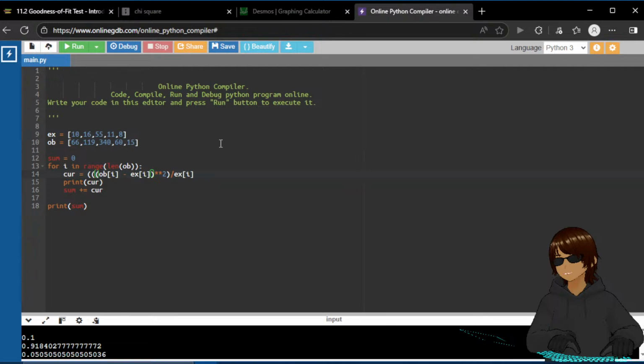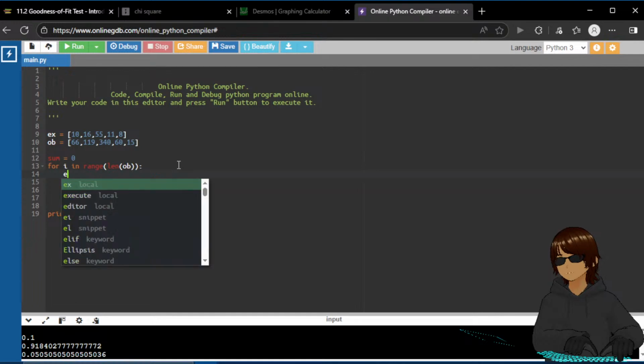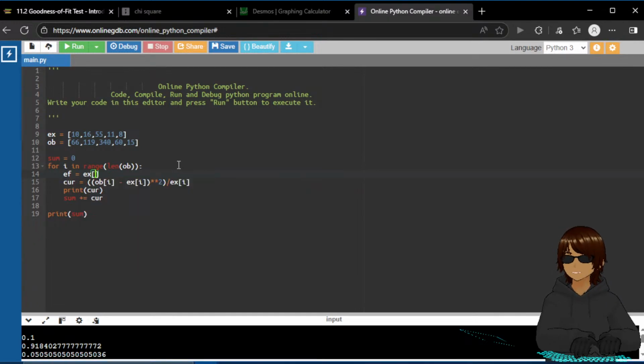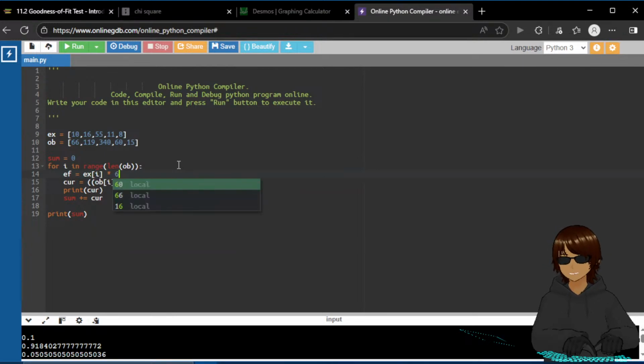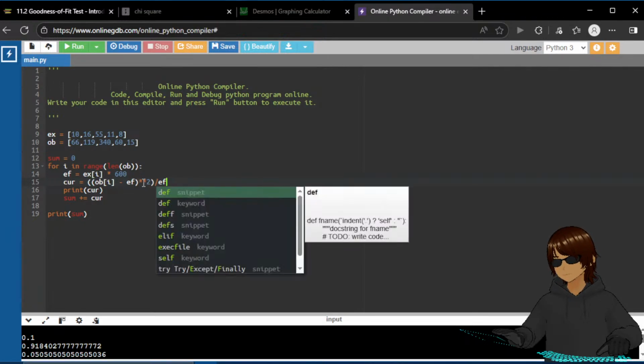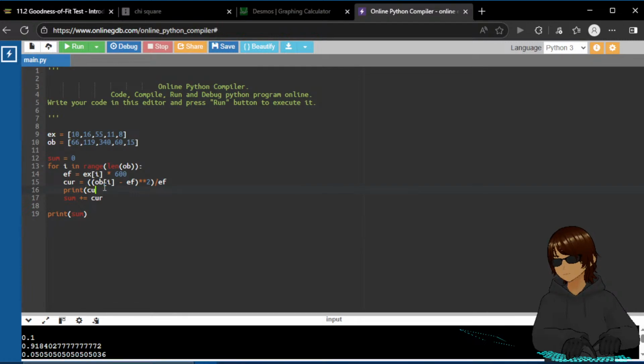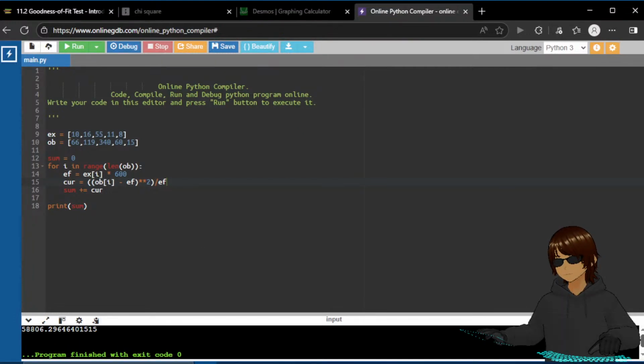So instead of this, expected frequency is EX, I times it by 600, EF. This is too large. 600.